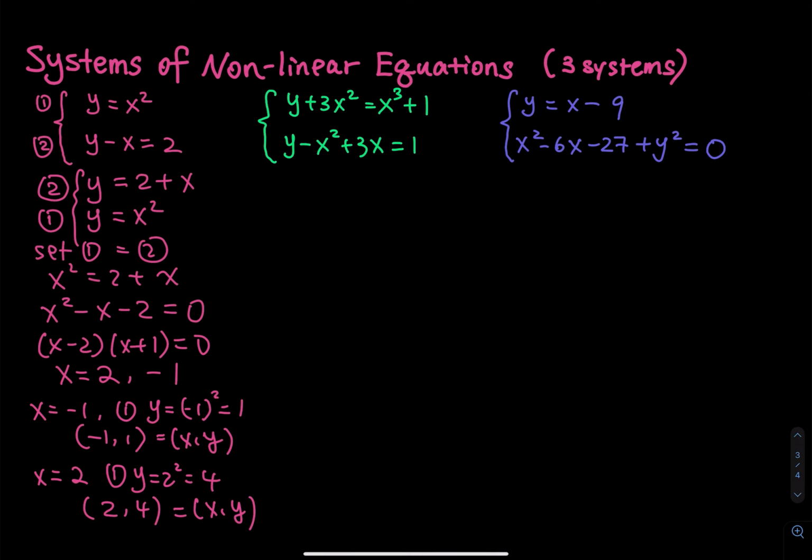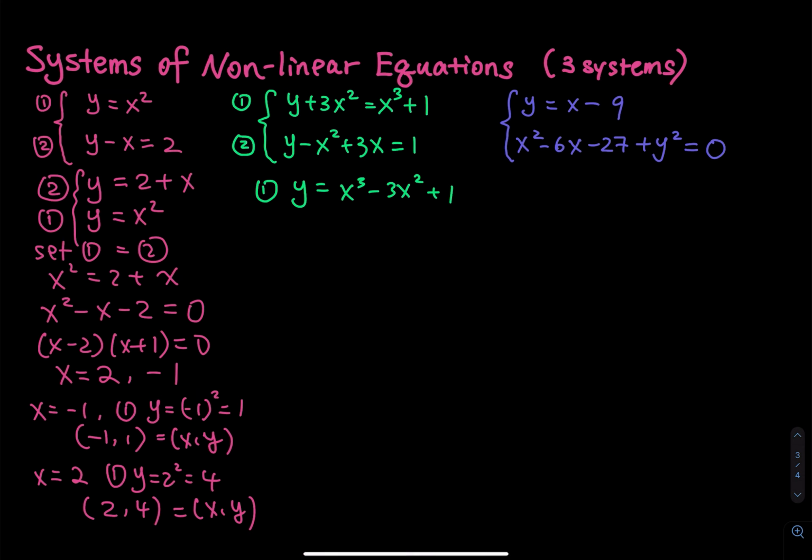The next problem we have 2 equations. That is number 1 and then this is number 2. So let's see. Okay, I am going to put these 2 equations as y equals and then set them equal. So number 1, you have y equals x to the third minus 3x squared plus 1.